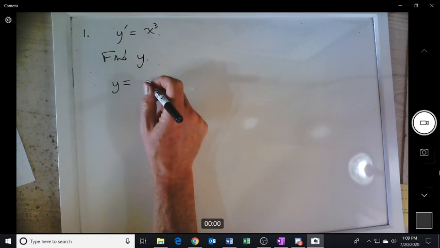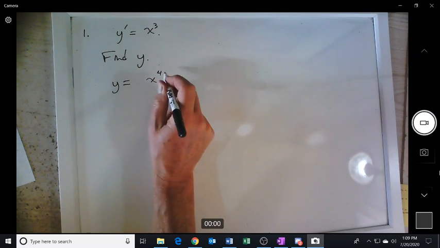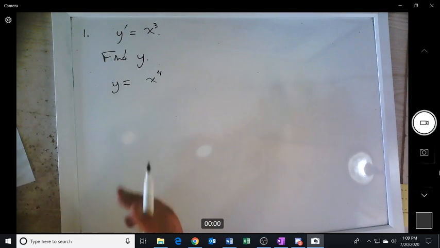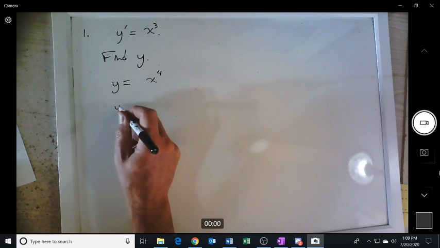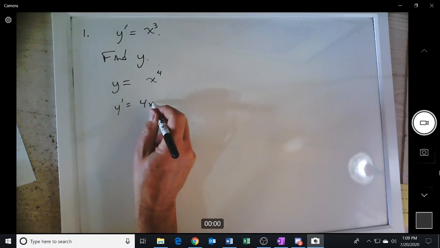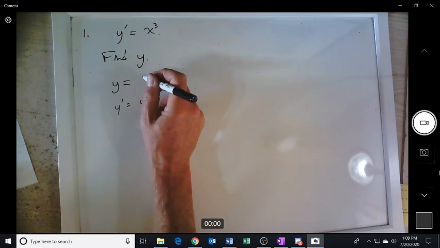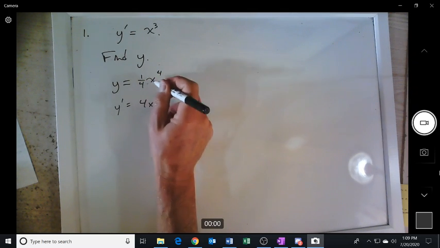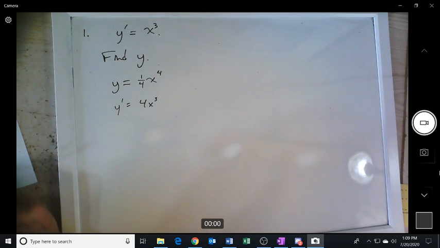I would say, well, it's got to be 1 power higher. X to the 4th, because when you take the derivative, it becomes 1 power lower. But if I just did that, that wouldn't work because I'd get 4x cubed. So I've got to get that 4 to cancel out, so I'm going to have to put 1/4 x to the 4th, like here.